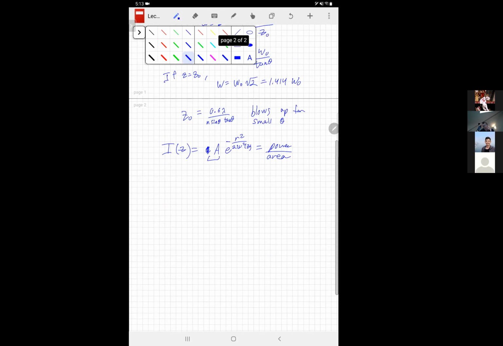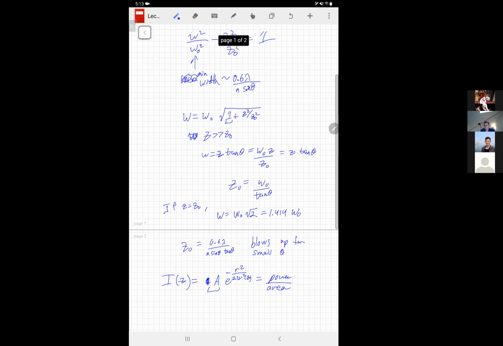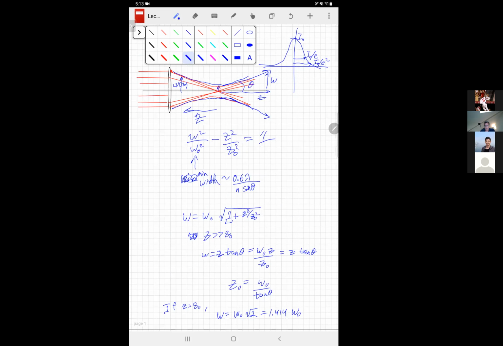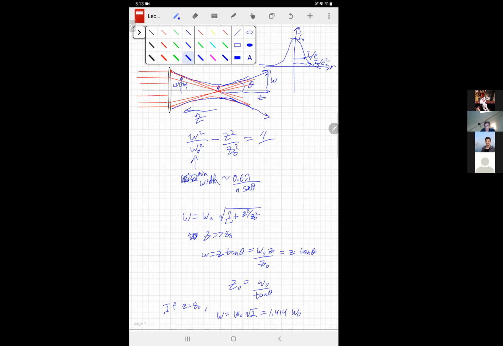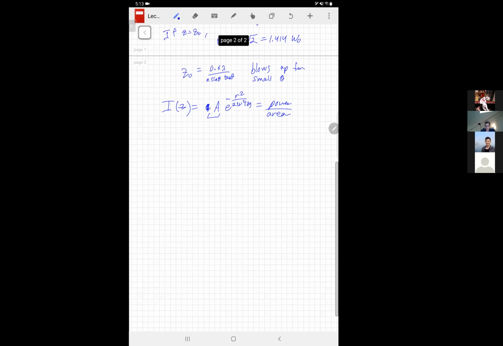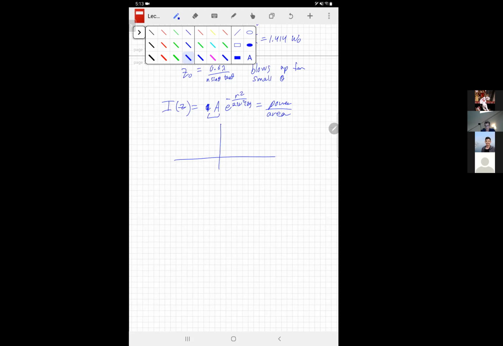But here, it's not like we have a uniform intensity. So you've got some finite power spread out completely uniformly over some finite area. This diagram up here is an oversimplification. If we were to actually make a plot of beam intensity versus distance from the center of the beam, it's not like this, okay?